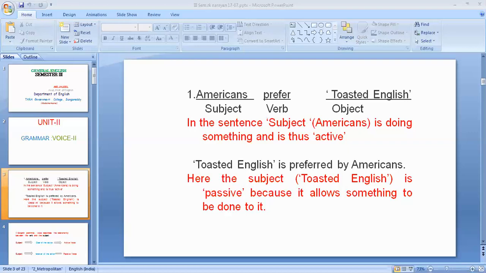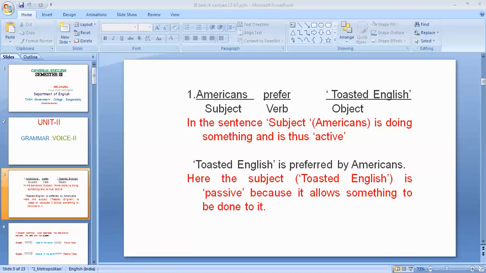The people of America, they like toasted English. By seeing this sentence, we can say that this sentence is in active voice. How can we say? Because this sentence can be divided into three parts.